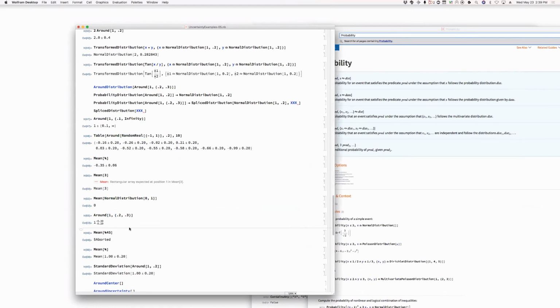Actually, I don't even know how. What is the distribution you get if you have a normally distributed mean in a normal distribution? Isn't that, well, I don't remember what that is. No matter.